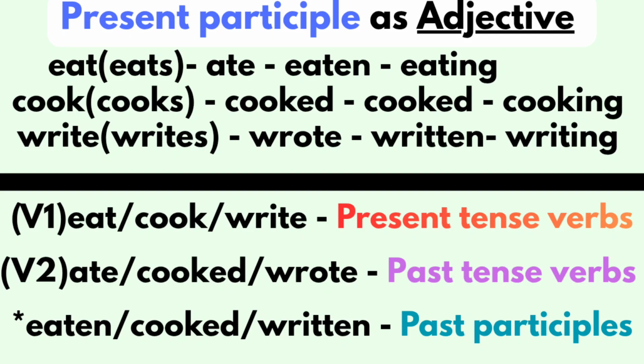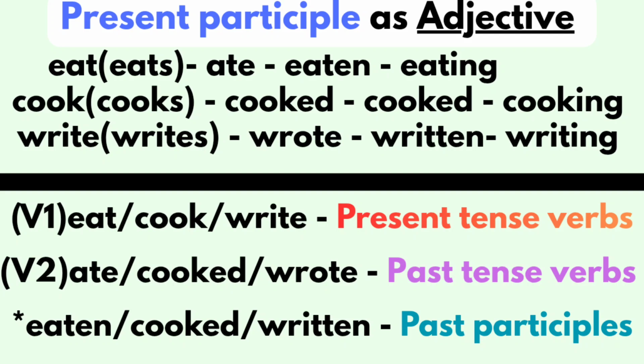Eat, cook, write. These are present tense verbs. They are used in present simple tense. That's why we call them present tense verbs. Ate, cooked, wrote. These are V2 forms of verbs, and we call them past tense verbs. So they are used in past simple tense.